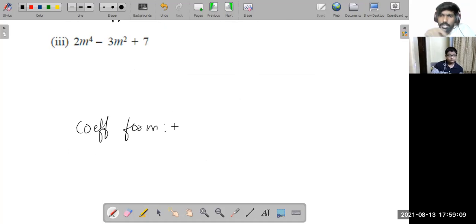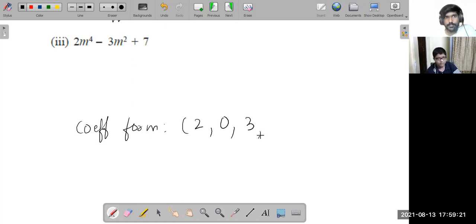If you're getting confused, write the index form first. So it would be 2, 0, 3, 0, 7.